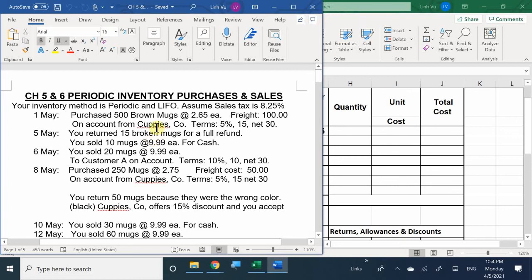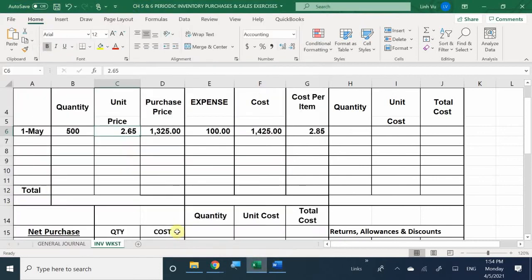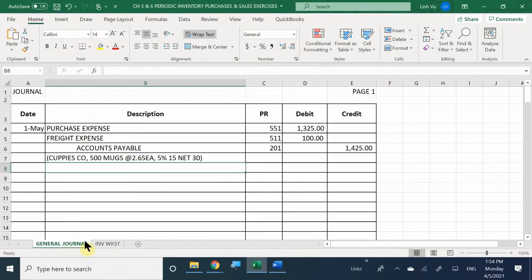So then what has happened next on May 5th? You returned 15 broken mugs for a full refund. Okay, yes, we did. So let's do the journal first, and then we'll do the rest however you guys want to do it.